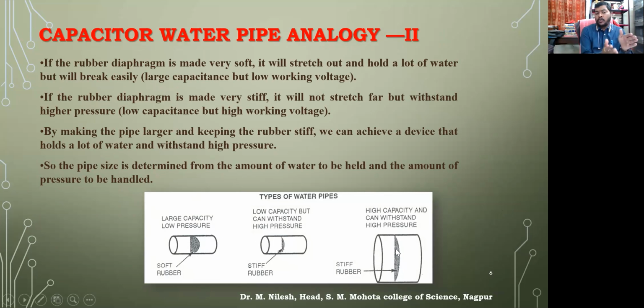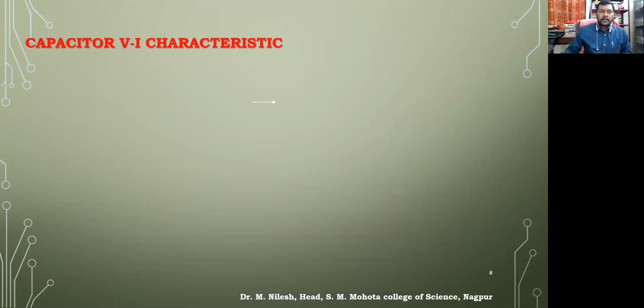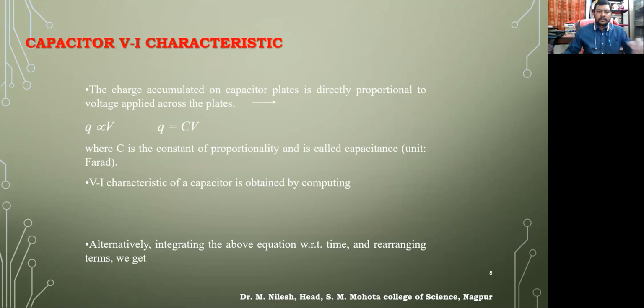So as we go on increasing the size, more charges can be stored. That is what we mean to say by using the same concept of a capacitor. When the plates are of very large size, more charges can be stored on them. So that is one of the basic characteristics of a capacitor.